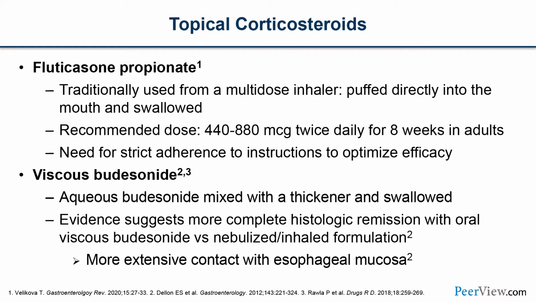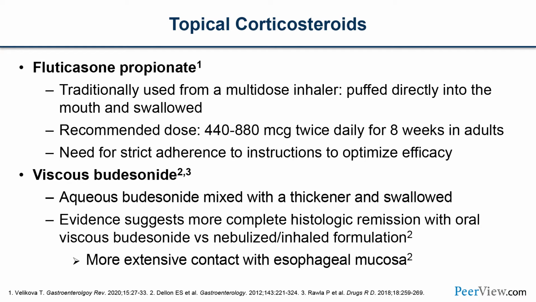The viscous budesonide is where the liquid budesonide is added to a sugary base that makes it viscous. So the idea is it doesn't just go through the esophagus immediately, but it rolls down slowly and again coats the esophagus. And this has been a very good lifesaver for the little children for whom it's hard to do a puffed steroid.